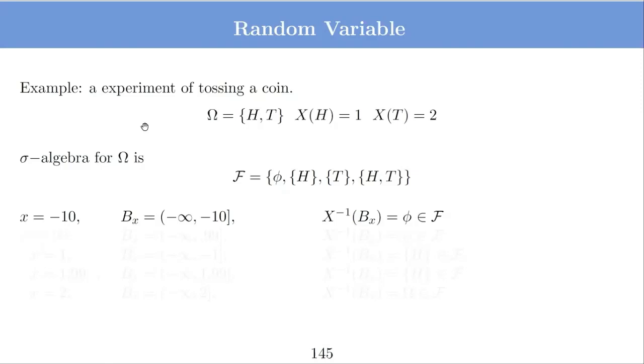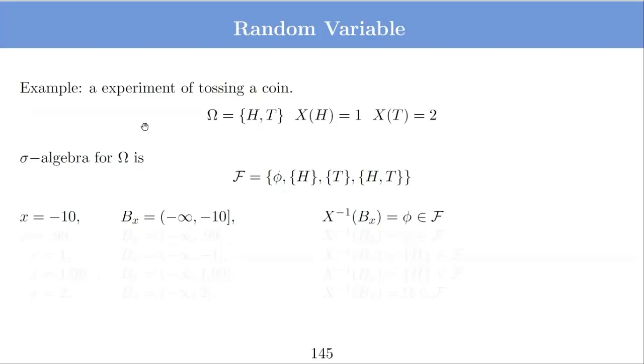If x is a number smaller than 1, so let's take the number minus 10, the Bx would be minus infinity to minus 10. So you have to find the pre-image of this. Pre-image means you have to find all outcomes which map to a number in this set Bx. This set is made from all numbers between minus infinity and minus 10.